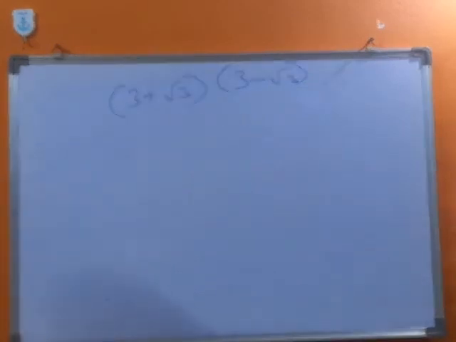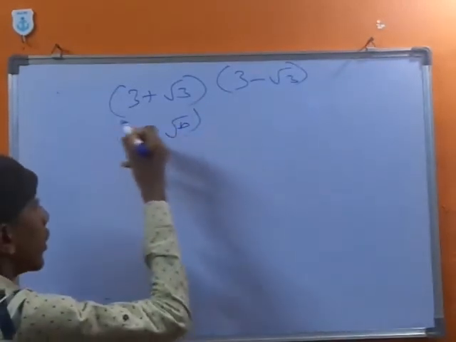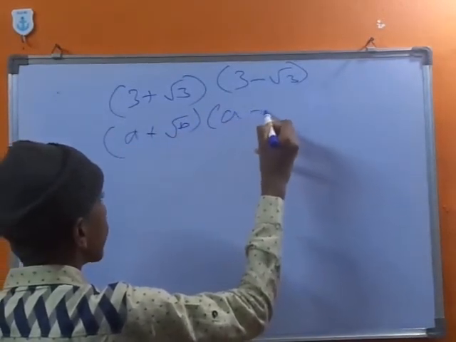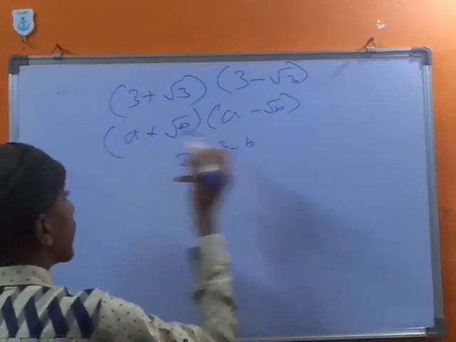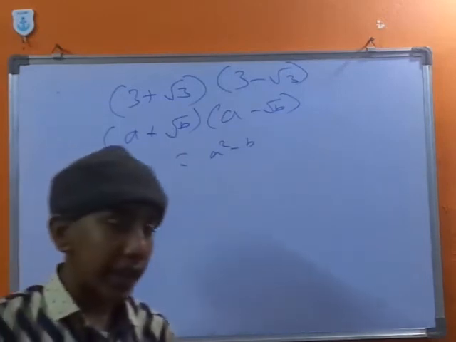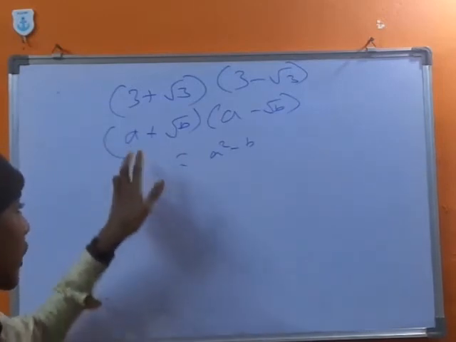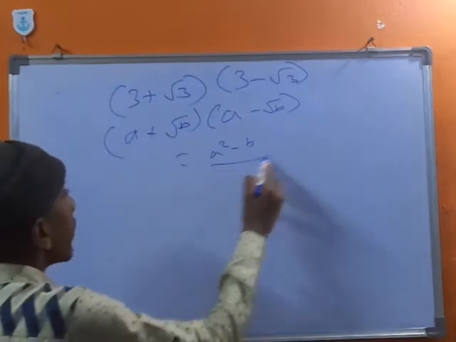So how can we do this? So remember the identity a plus root b into a minus root b, which is a square minus b. We can use the a plus b into a minus b identity, and a square minus b square. A square is a square and b square is b, as this is root b. So a square minus b.